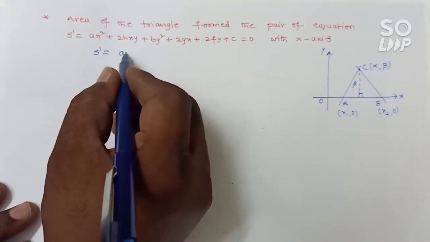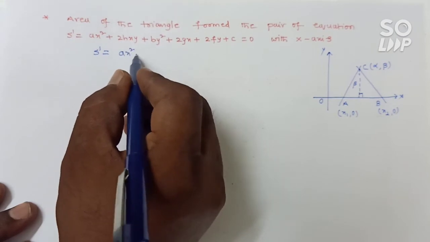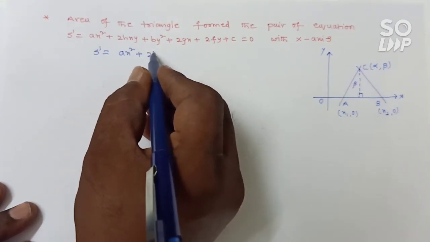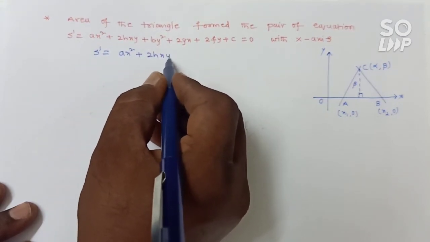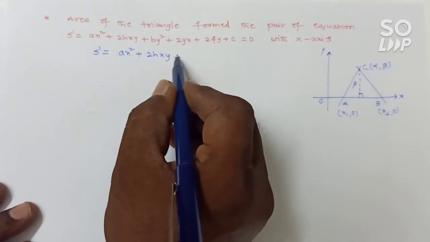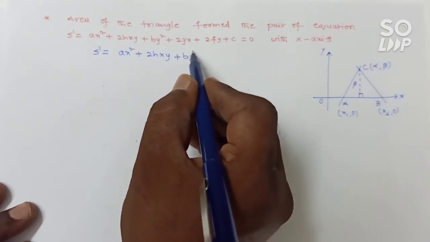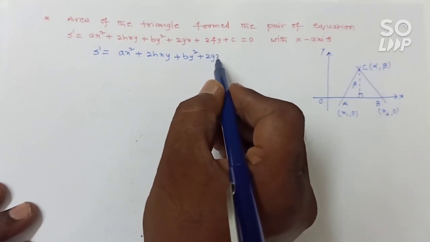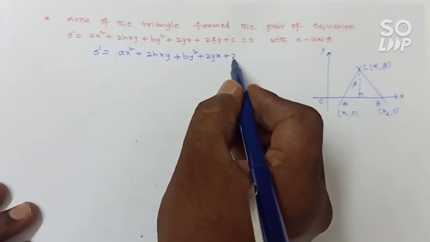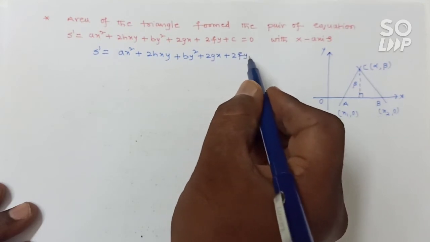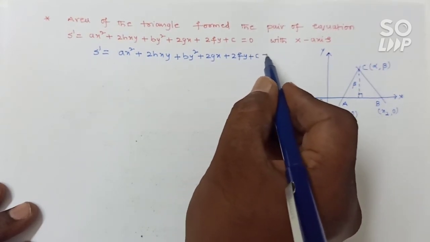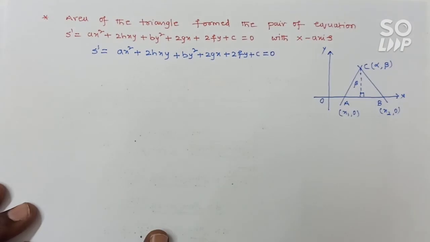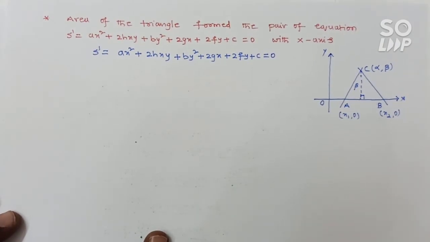That is A into x square plus 2h into xy plus b into y square plus 2 into gx plus 2fy plus c is equals to 0. This is the given equation.